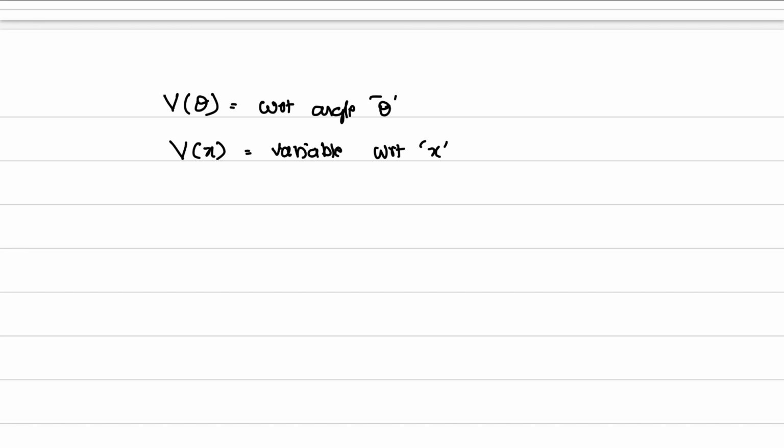Under equilibrium conditions, here I have given V of theta, the variable is theta. There can be V of x also, where the variable is x, distance. Here it is with respect to angle theta, because theta and x are related.